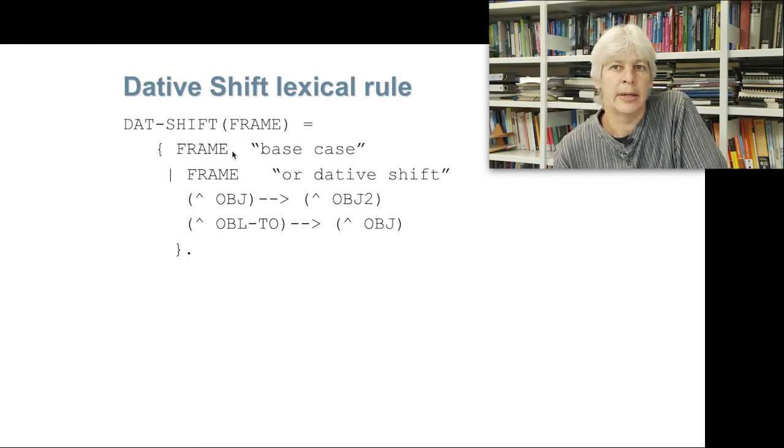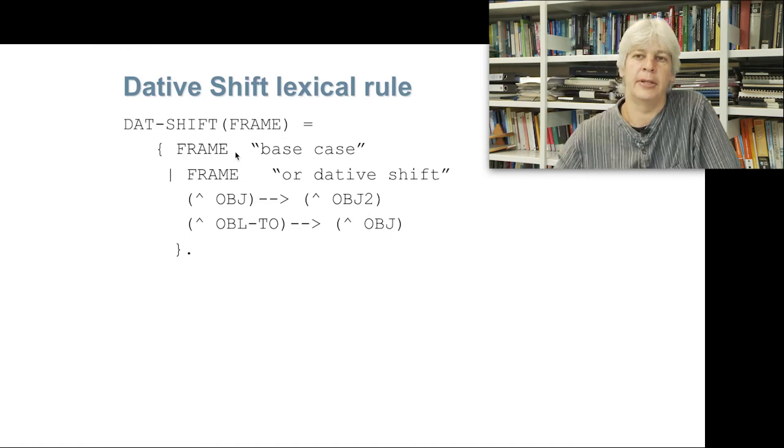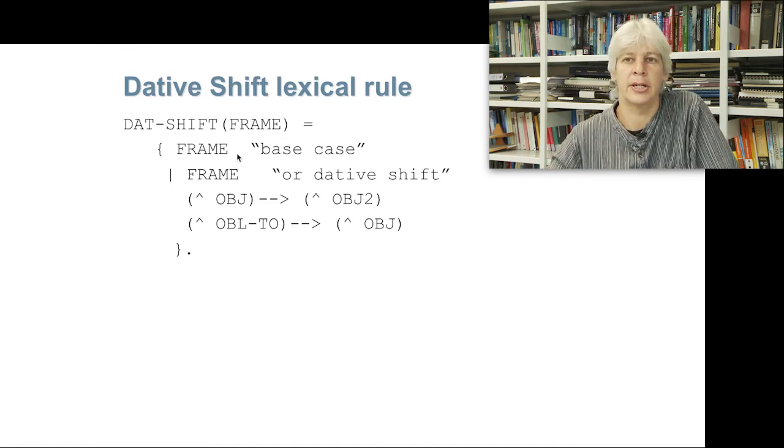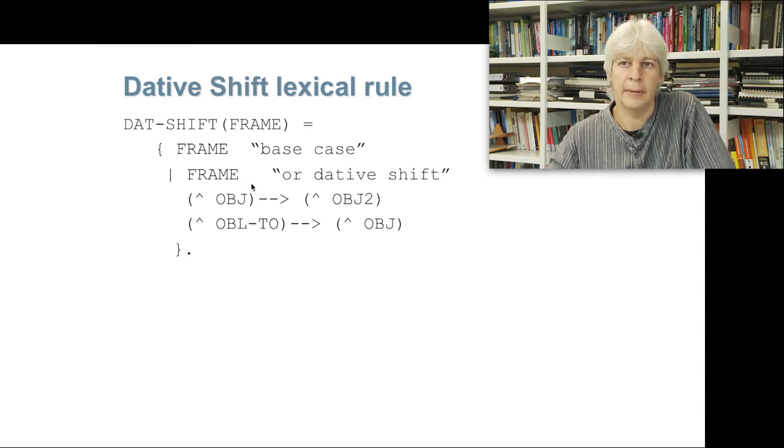This is what it would look like with an XLE. You have the name of the lexical rule, dat shift I've called it here. You have this variable frame, again the same principle, first disjunct, just the base case, you just give the basic subcategorization back out, subject, object, obl2.